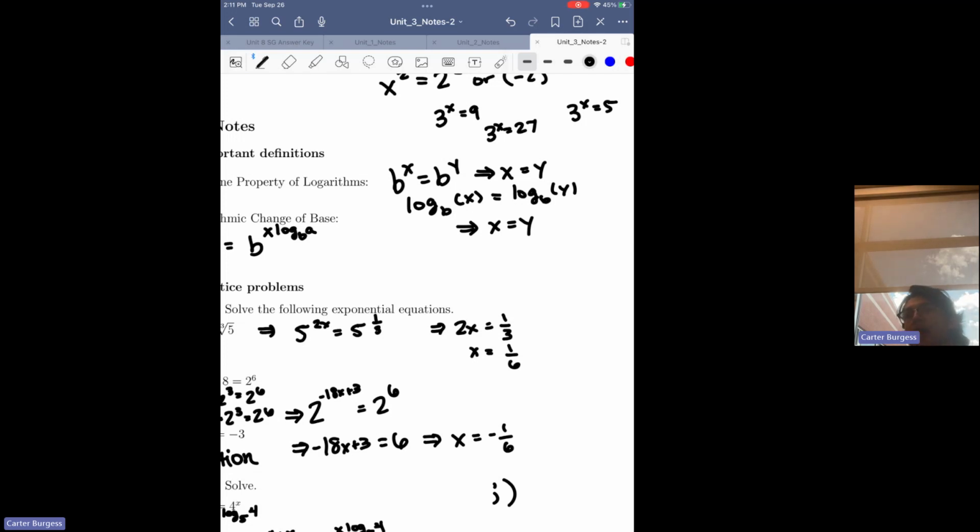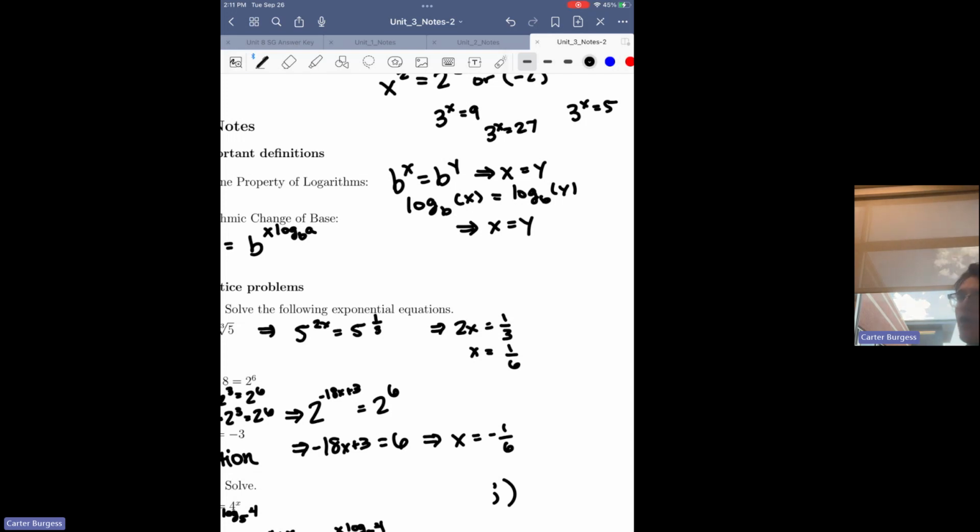But in the same way, if log base b of x equals log base b of y, so if the powers are the same, then the results must also be the same, right? Taking a base, raising it to a power, taking that same base, raising it to the same power should give us the exact same output.